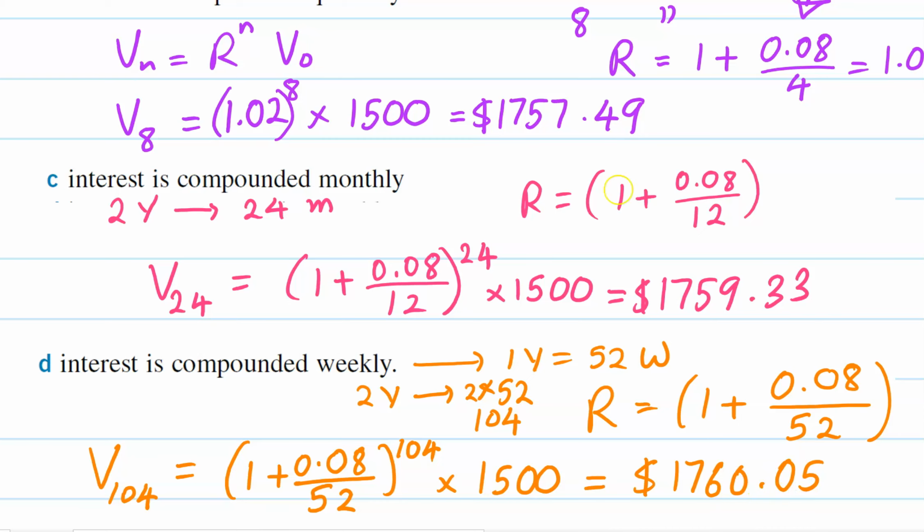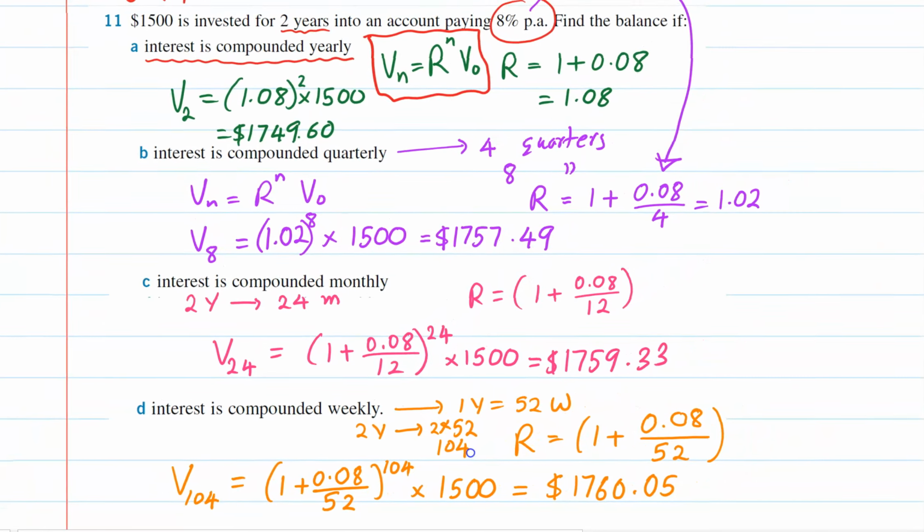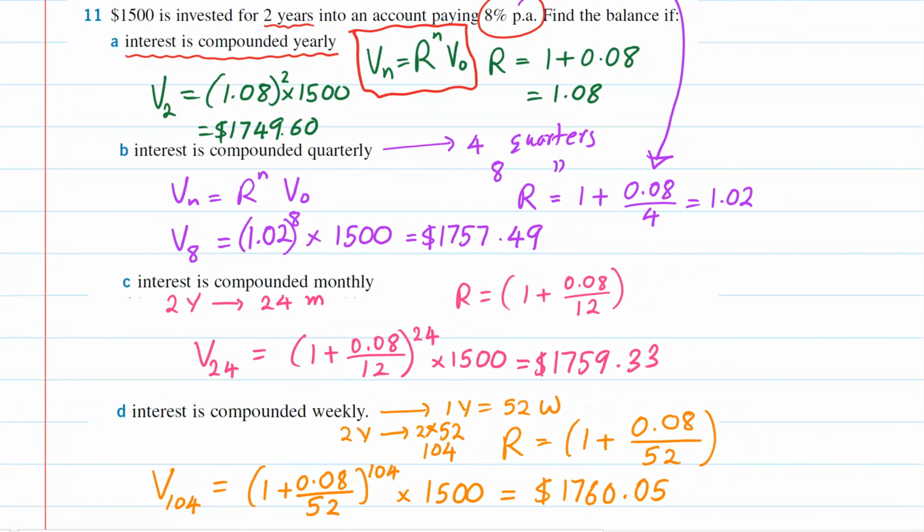Okay, ladies and gents, we have done the set of calculations for this question over 2 years, compounded yearly, quarterly, monthly, and weekly. Which one is the best one? Well, the highest is the weekly one, which means the more compounding you do over the year, the better the outcome is.